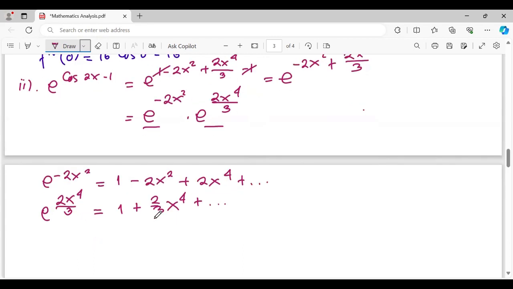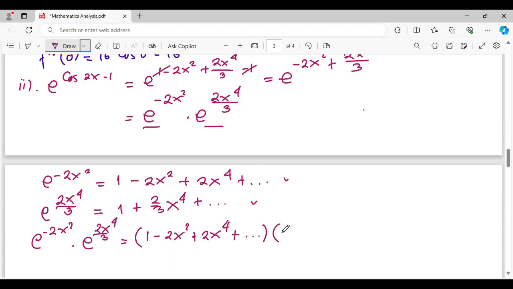So it means we multiply this part and this part: 1 minus 2x squared plus 2x to the power 4 times 1 plus 2/3 x to the power 4, and so on.